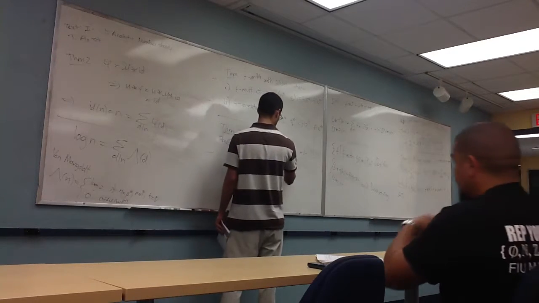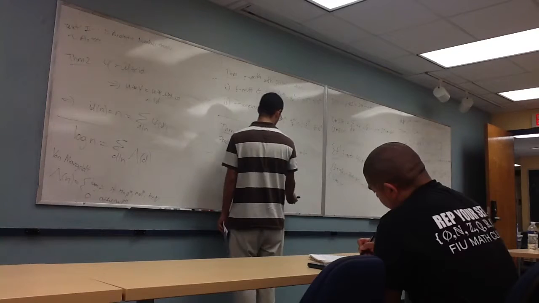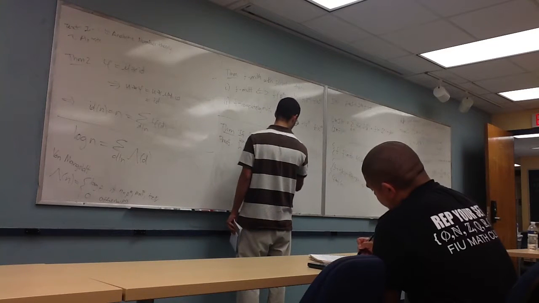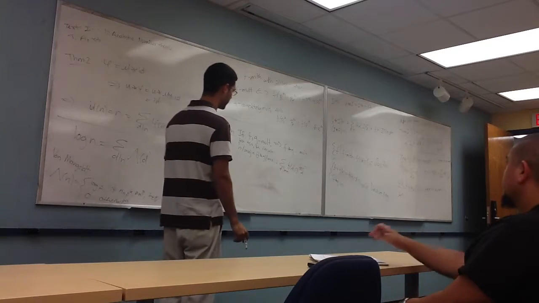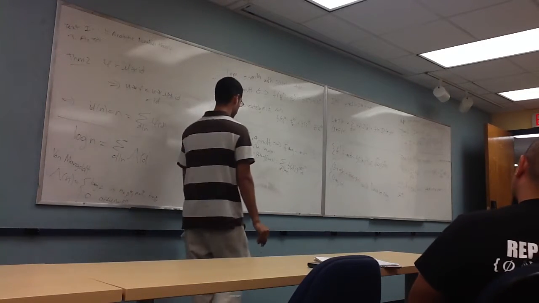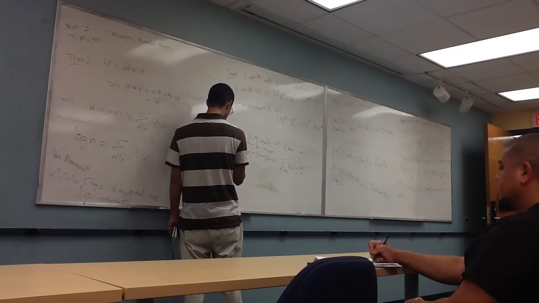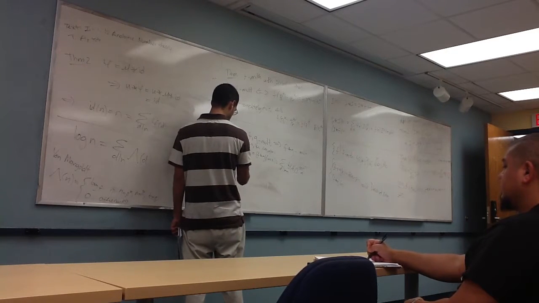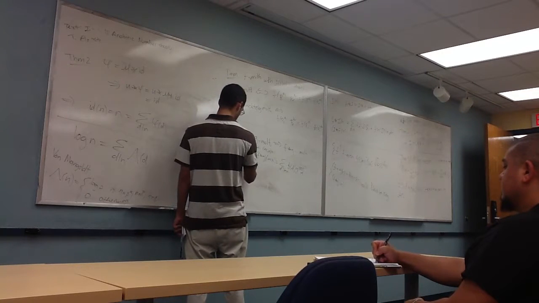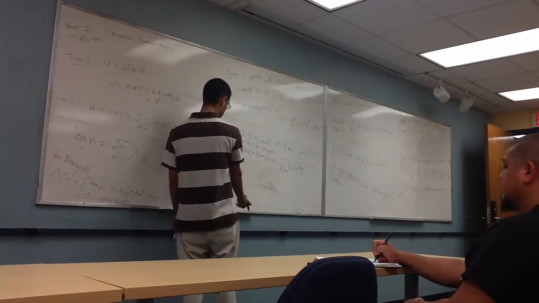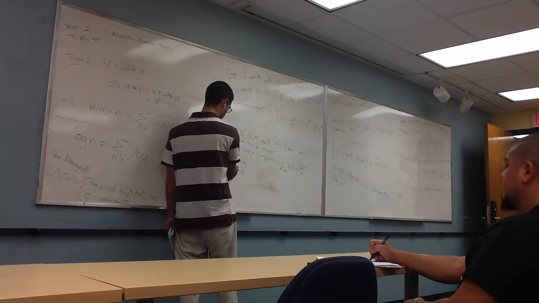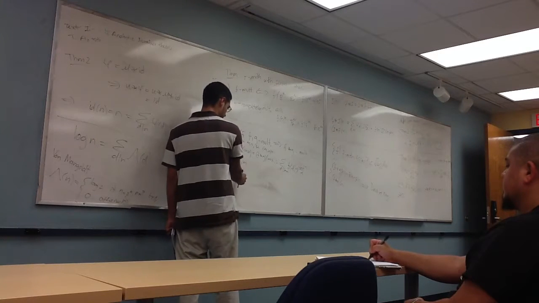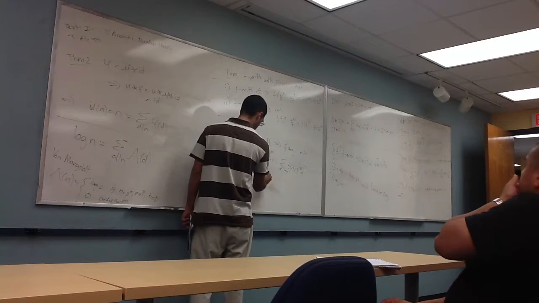But this is just the sum over the divisors d of mn of f(d) g(mn/d). And the whole point is that there's a one-to-one correspondence between the divisors d of mn and the products ab, where a divides m, b divides n, and (a, b) equals 1.